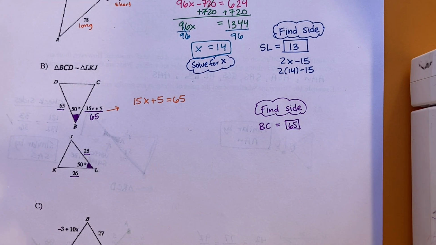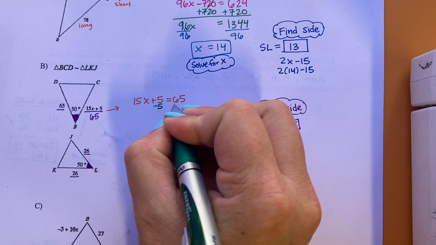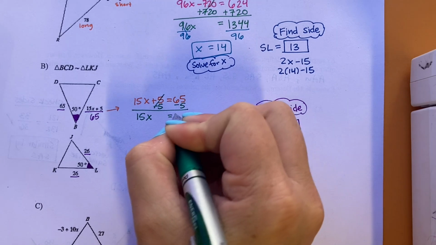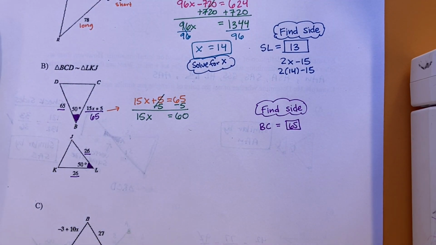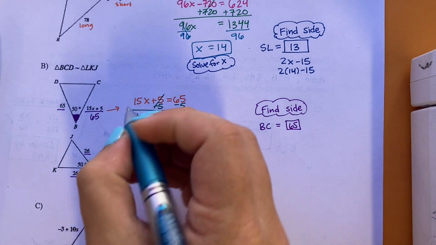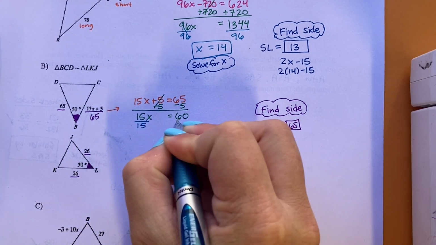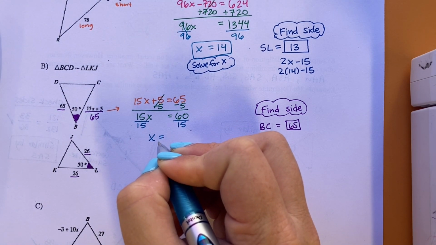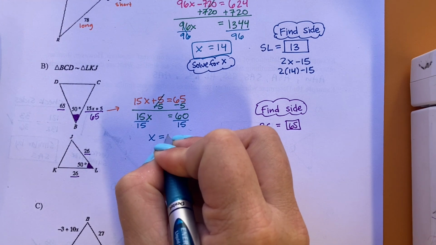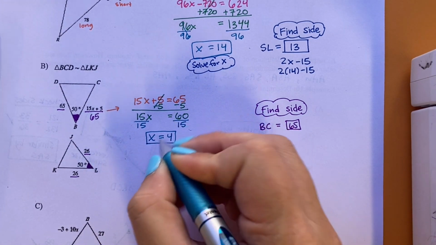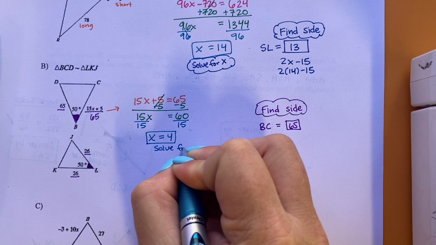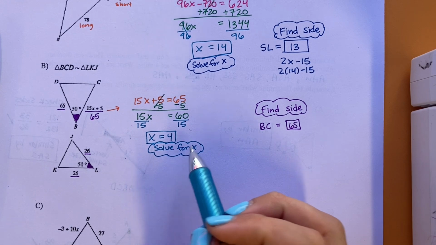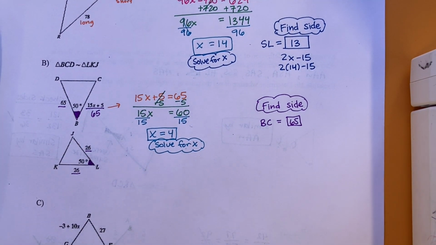Then we would minus the 5 and then we would divide by 15. Divide by 15 is 4. So you can solve for x and you have the ability to find the missing side.